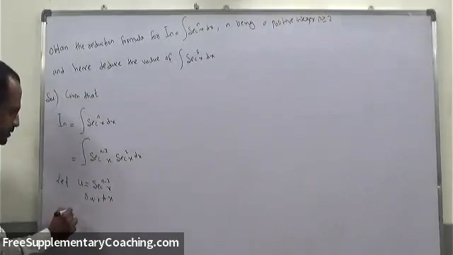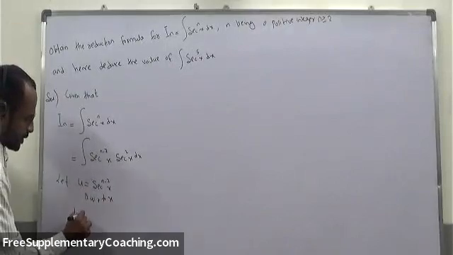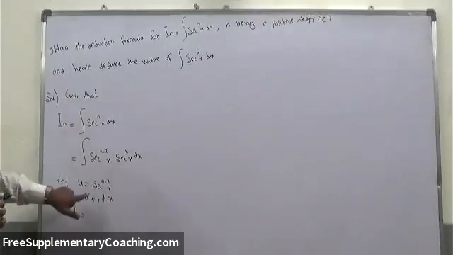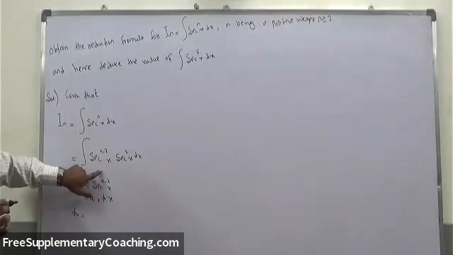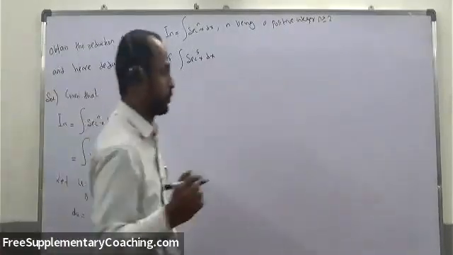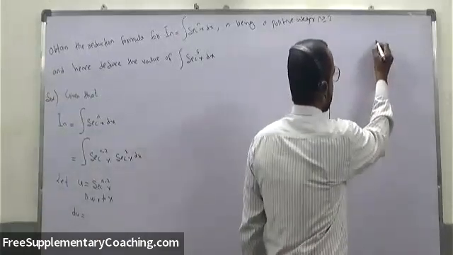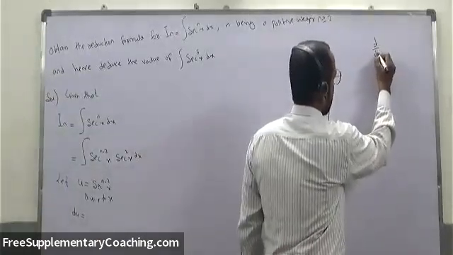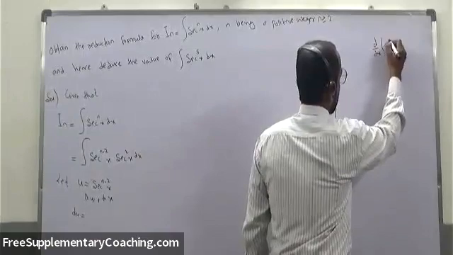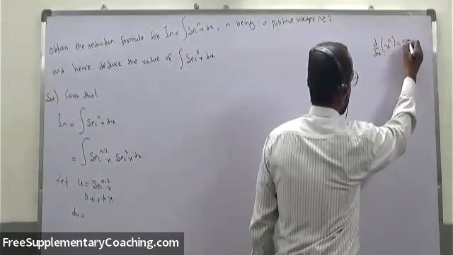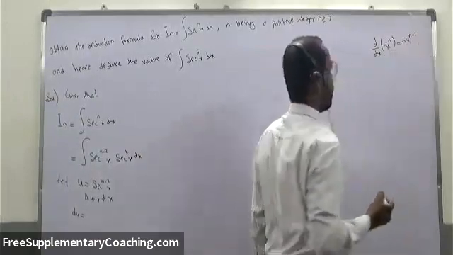What do we get? du equals, here we first apply the formula for d by dx of x power n. I am writing here: d by dx of x power n is equal to n x power n minus 1.